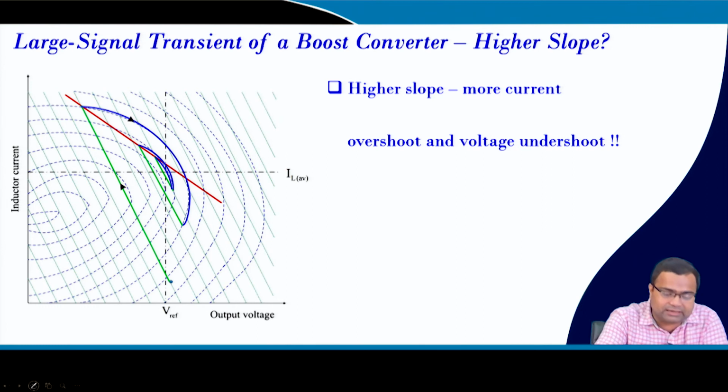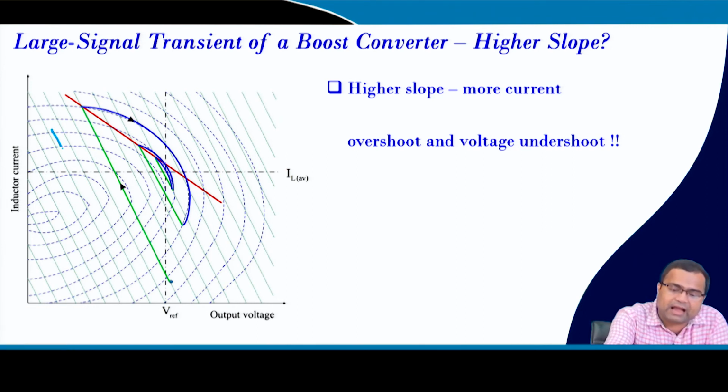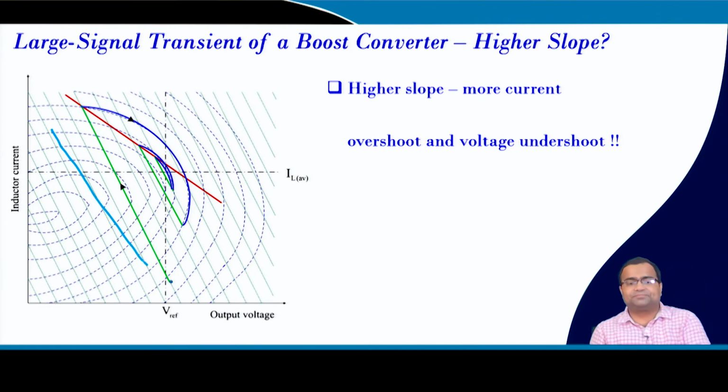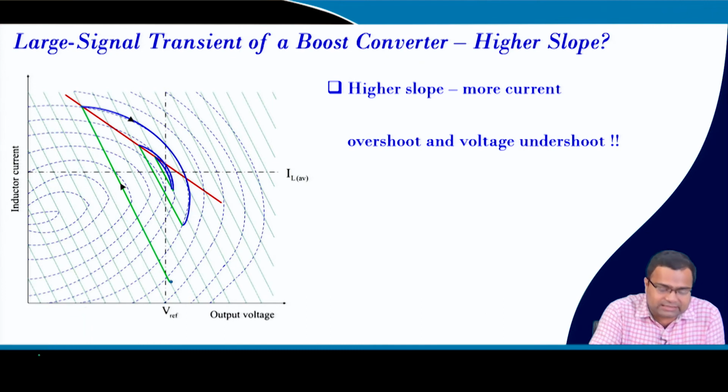That means, if you further increase the slope and make it even higher than the magnitude of this, you can see this is my on state trajectory. It looks like it is deviating from here. I am sorry, it should be the other way around, because we are increasing the slope.